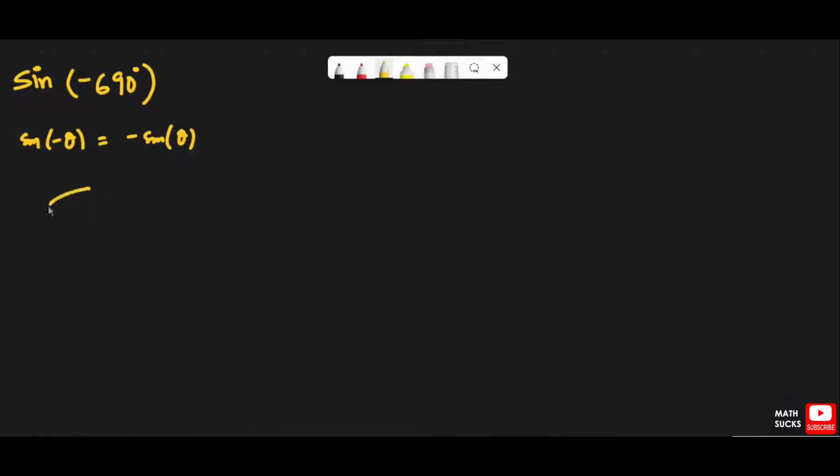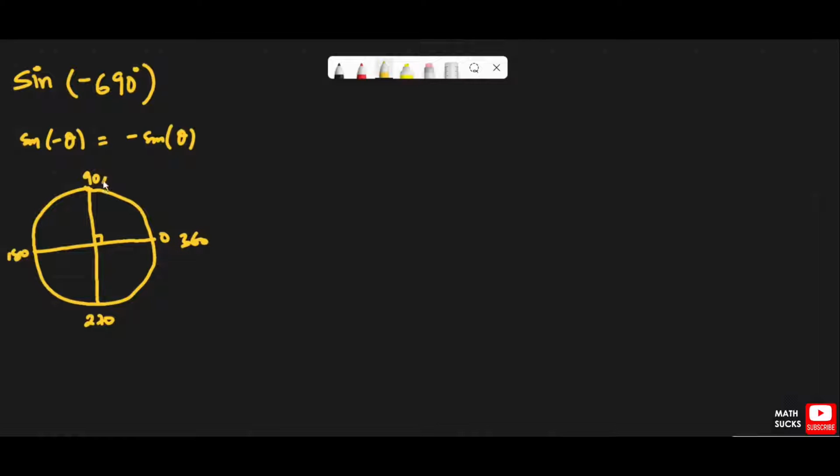So if we go to the quadrants, this is 0 and each of these quadrants is 90, so this is 90, this is 180, 270, and this is 360.